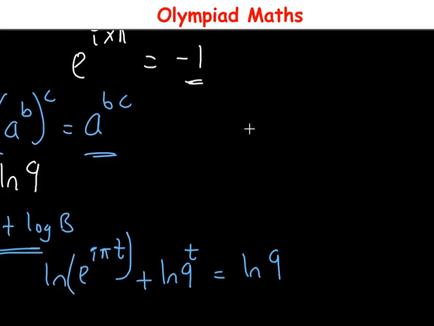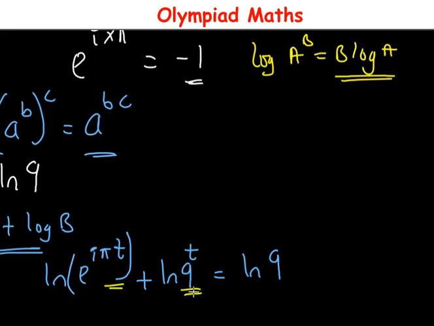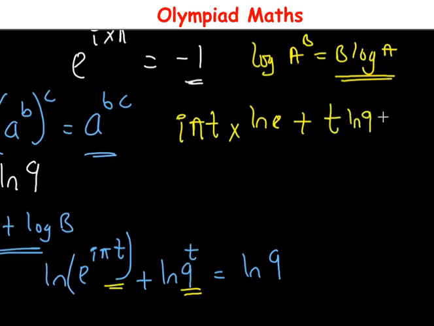Applying this rule of logarithm, that log of a raised to power b equals b times log of a, right here and here also, we have i pi t times ln e, plus t times ln 9 is equal to ln 9.